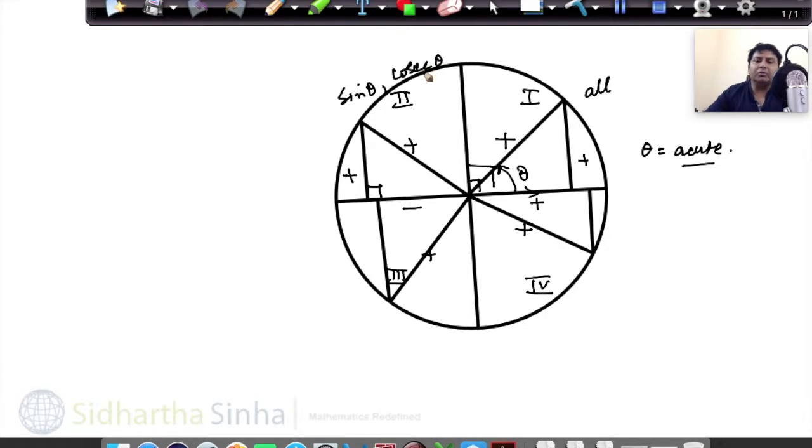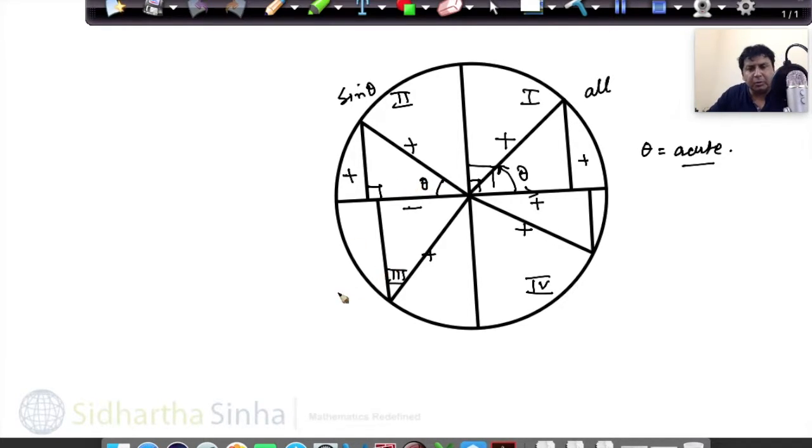Let's talk only about sine for now, and 1 by sine obviously will be positive. So if your angle theta is in the second quadrant, then sine is positive. But for all other quantities like cos, negative upon positive, so negative. Tan, positive upon negative, so negative. That means except sine and cosec, all other four quantities will be negative in the second quadrant.